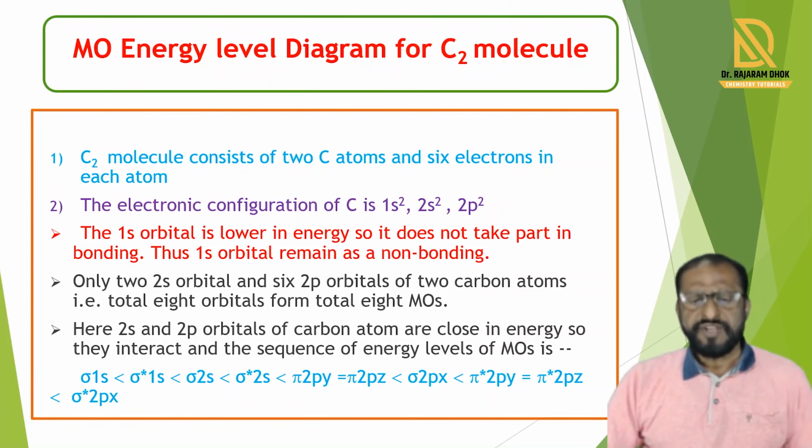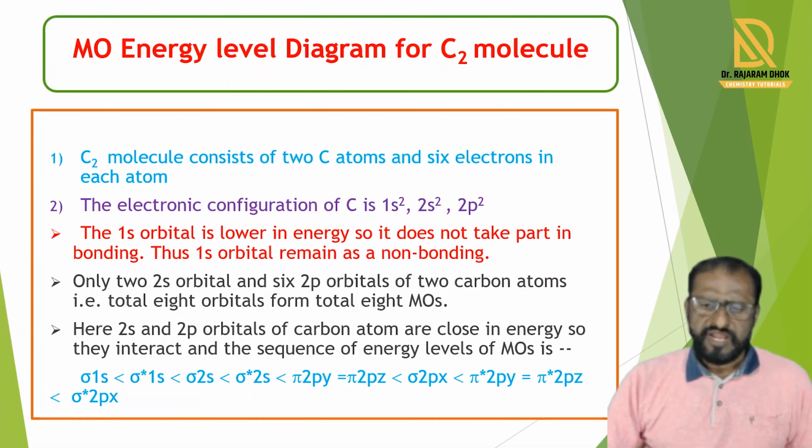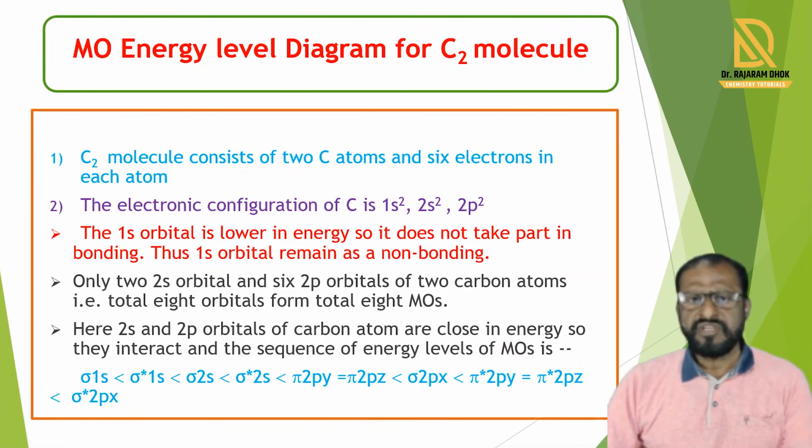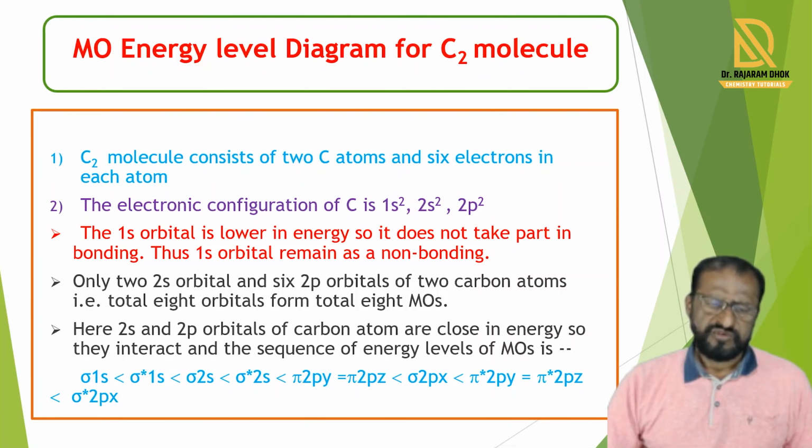The C2 molecule contains 2 carbon atoms and 6 electrons in each atom. The electronic configuration of carbon is 1s2, 2s2 and 2p2. The 1s orbital is lower in energy, so it does not take part in the bonding.